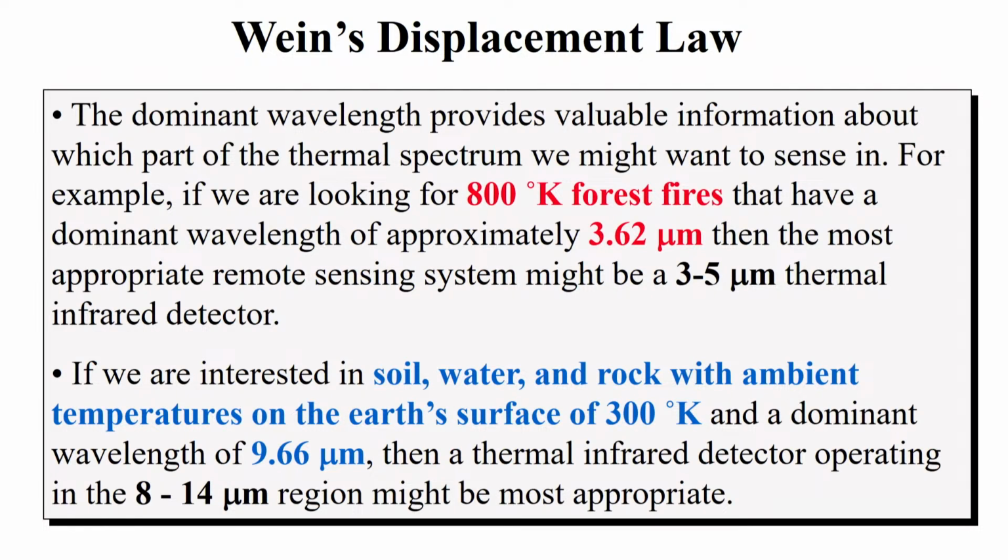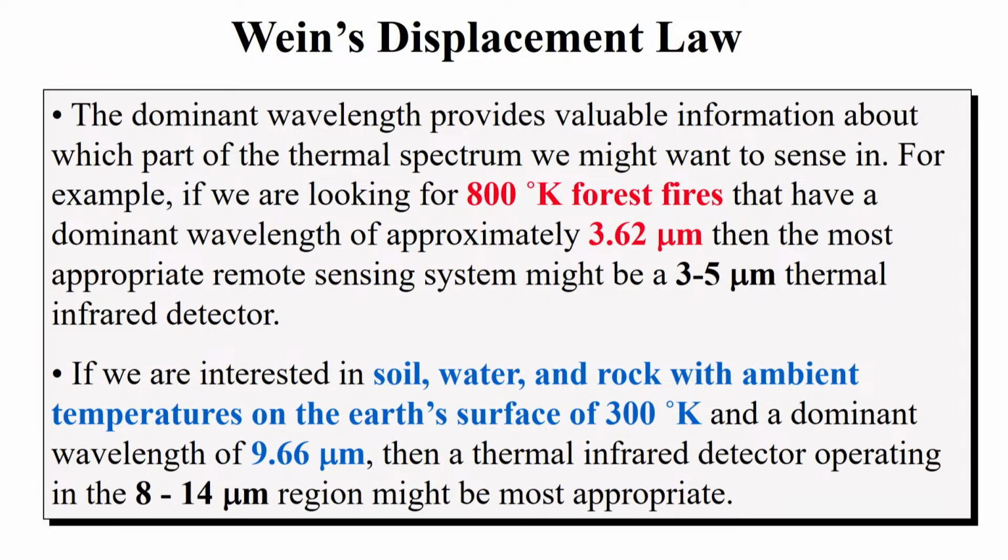Like here, suppose we have the information of a forest fire for which the temperature is approximately 800 degrees Kelvin. When the temperature is approximately 800 degrees Kelvin, if you calculate the dominant wavelength, it comes to nearly 3.62 micrometer.